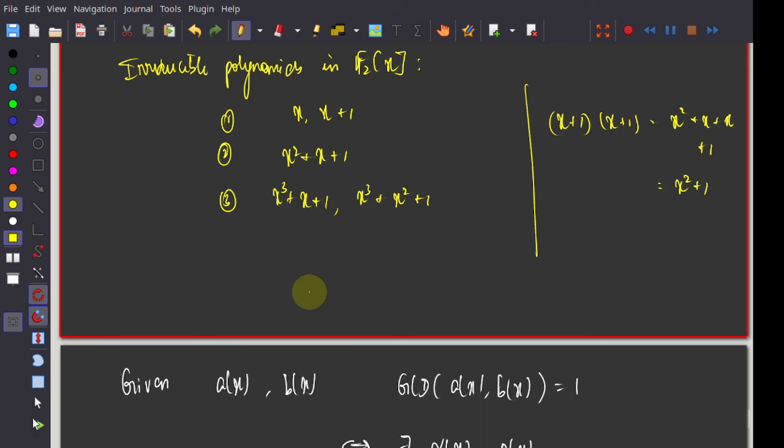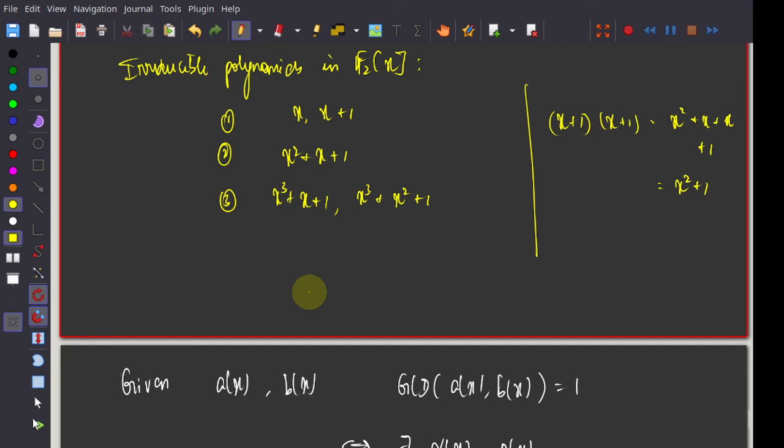Correct? So a useful property, which is not at all obvious and requires a very deep proof, is that for every degree m, I can always find an irreducible polynomial of degree m for the binary field, or in general for every finite field.